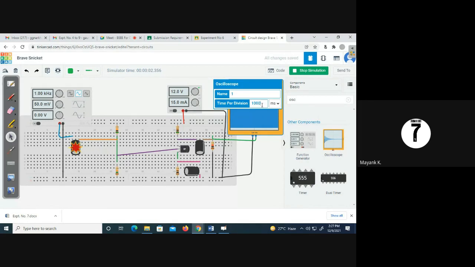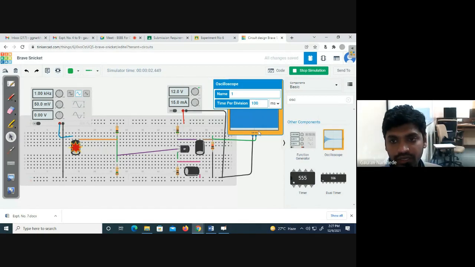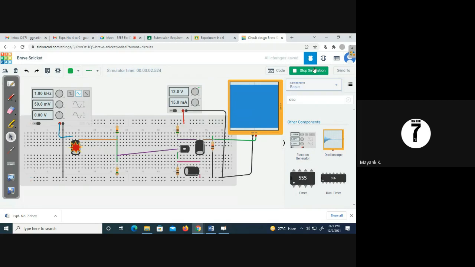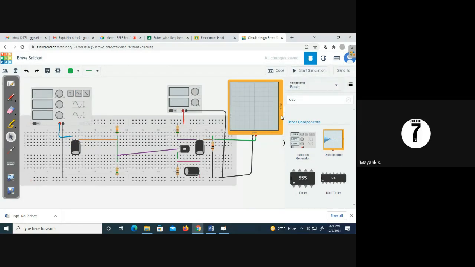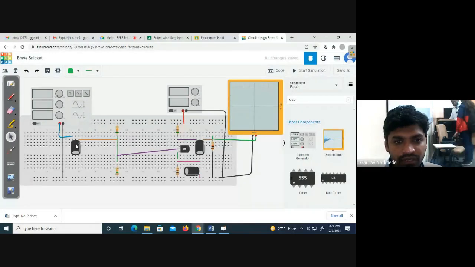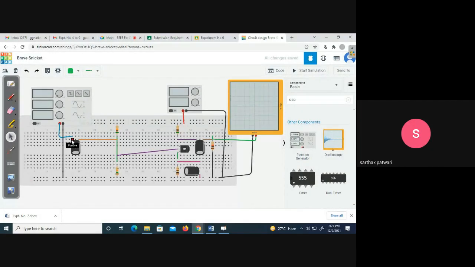The capacitor broke, the one near the function generator. When we start the simulation, it broke.